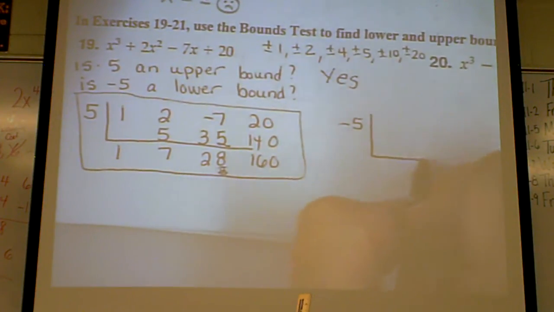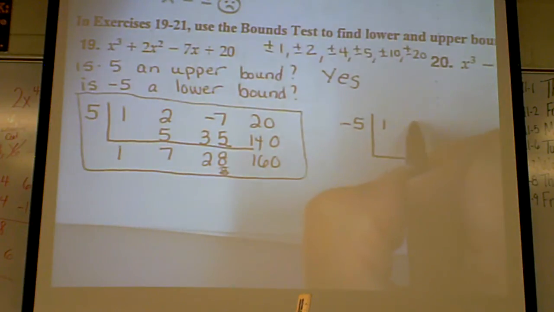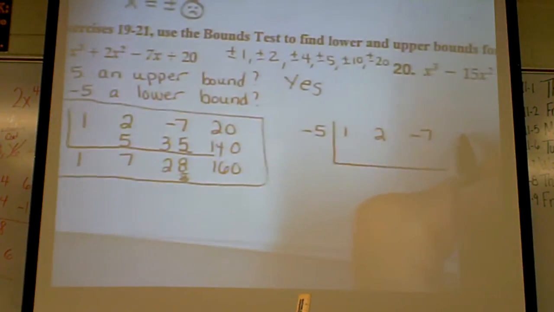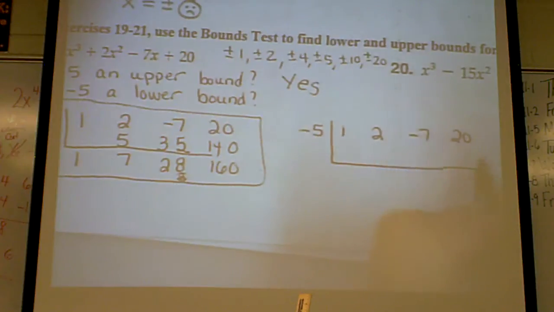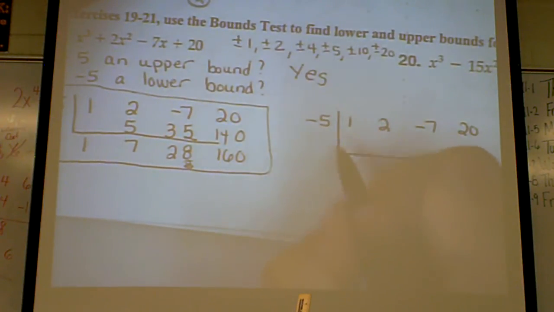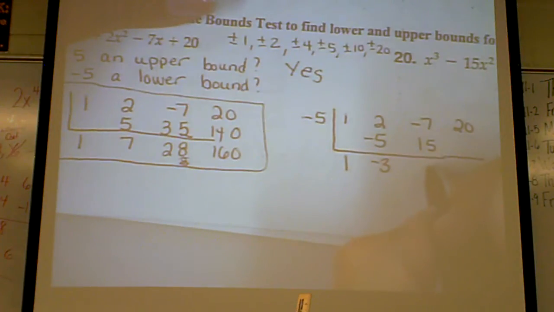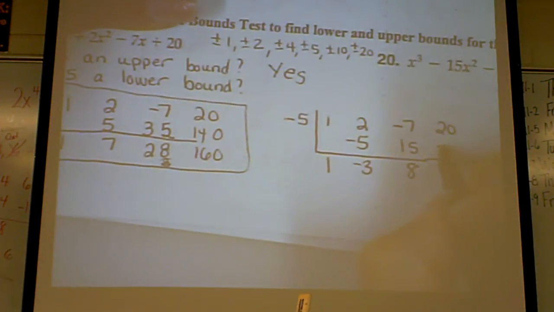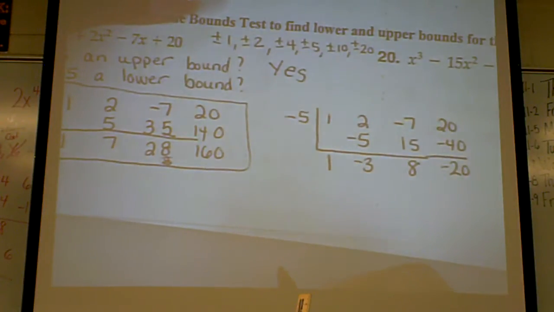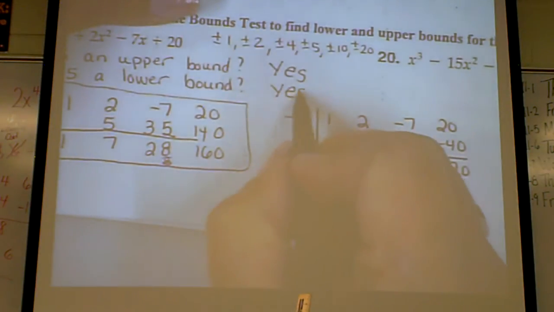What are you looking for for a lower bound? Positive, negative, positive, negative, or negative, positive, negative, positive. So 1, -5, -3, 15, 8, -40, and -20. What would you say to this one? Yes. And your proof is this.